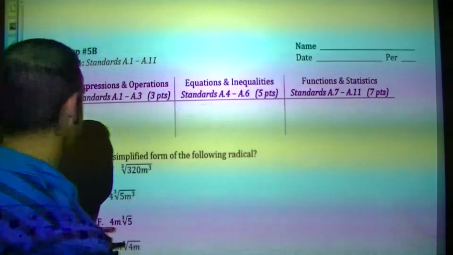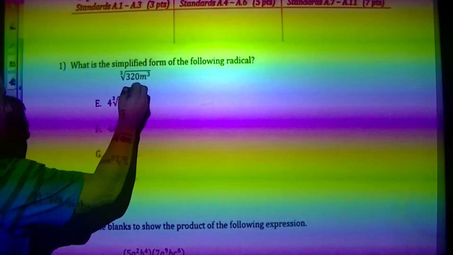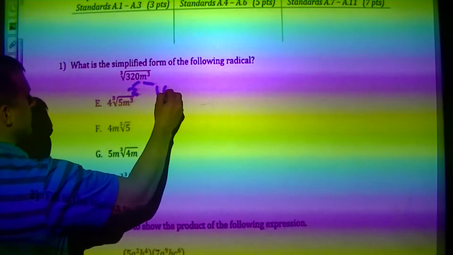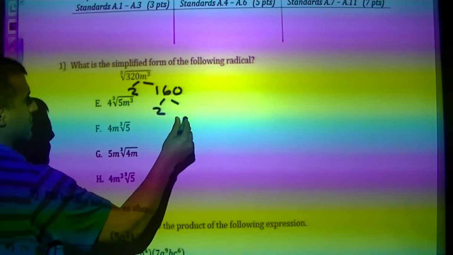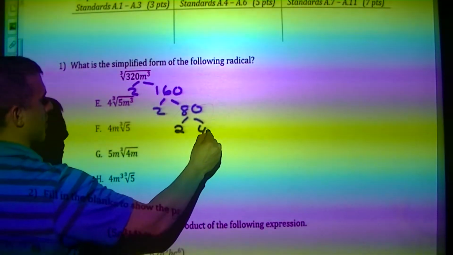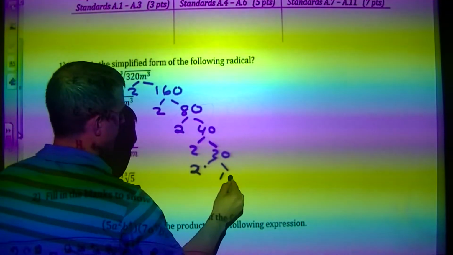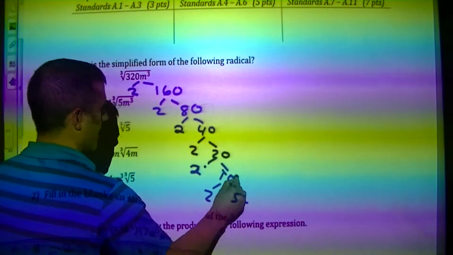Okay, let's go through these. 320 here, so I got 2 and 160. Basically I'm going to divide by 2: 80, divide by 2, that's 40, 20, 10, 5. Can't use any of these.